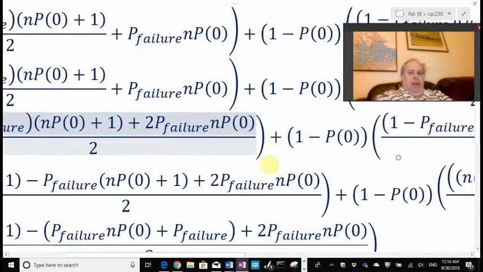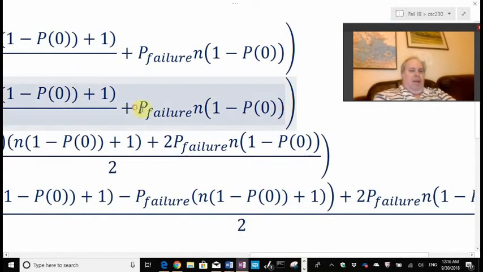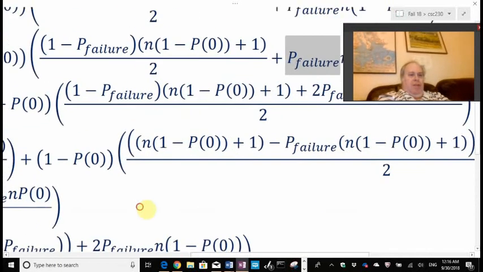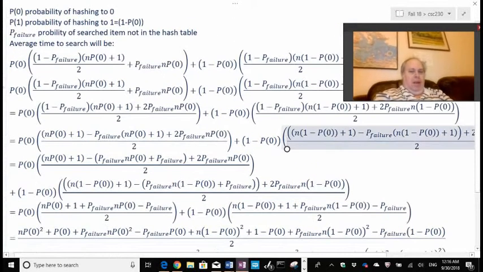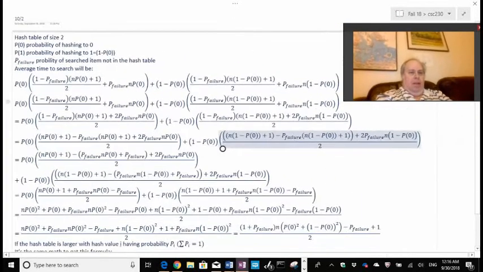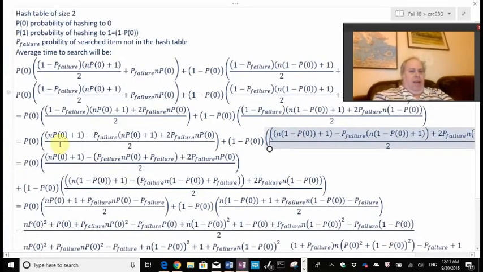And this guy does the same thing, from P of failure up here, it becomes 2 P of failure over 2. So that just gives me two fractions here. Let's squeeze that a little so things appear on one line.